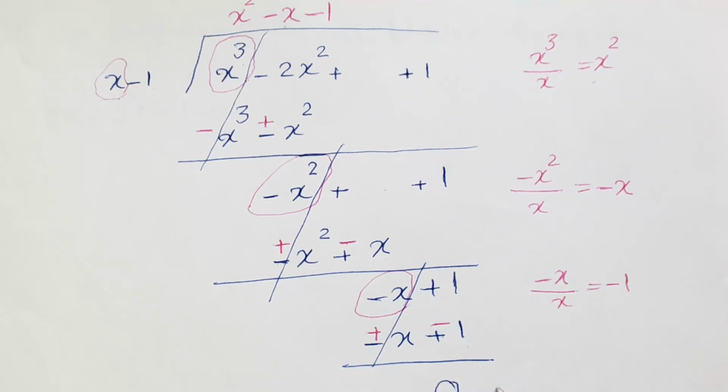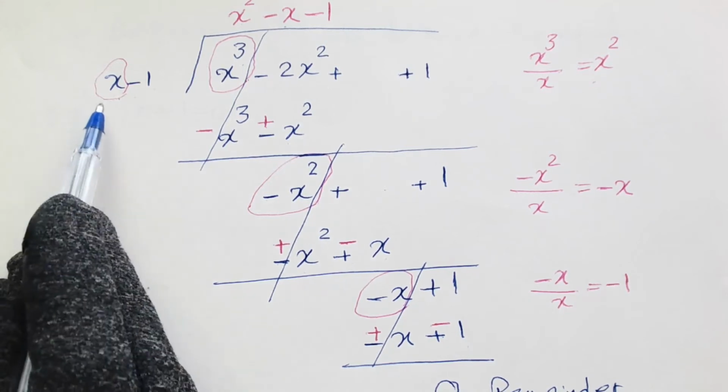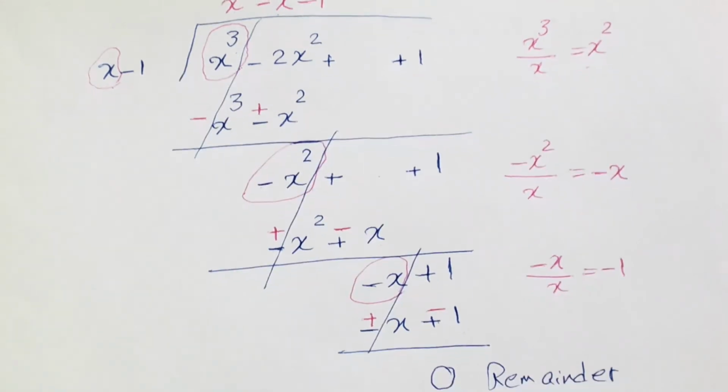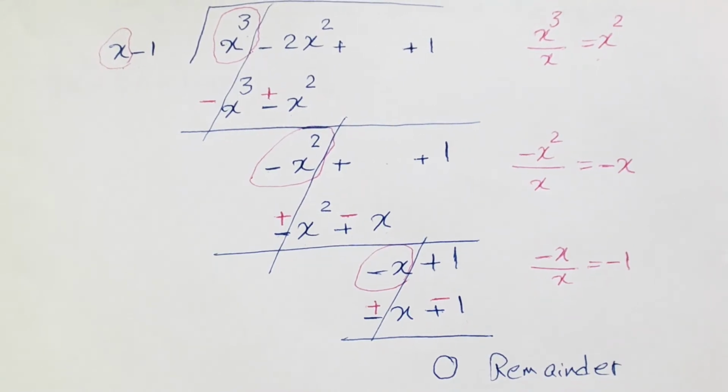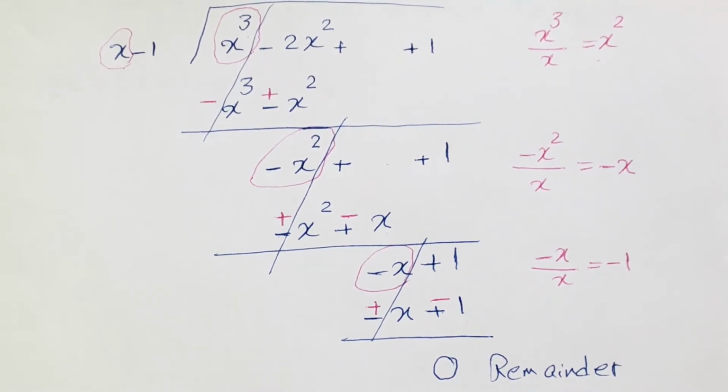This 0 is our remainder. Here we don't have any x, which means the power of x is 0. So it's less than the exponent of x. So we are done with this division.